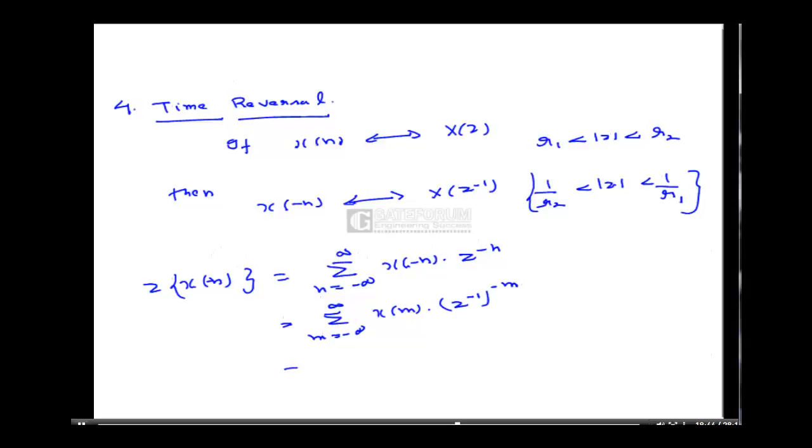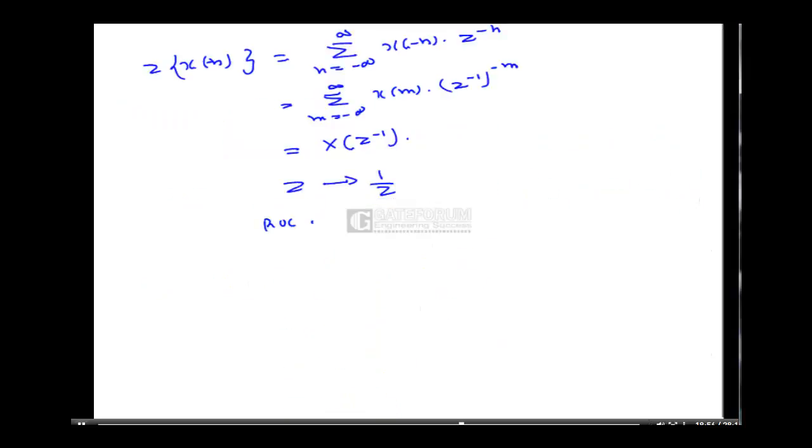So this is nothing but X of z inverse. So we have seen z has changed from z to 1 by z. So ROC will also become the reciprocal of the previous ROC.